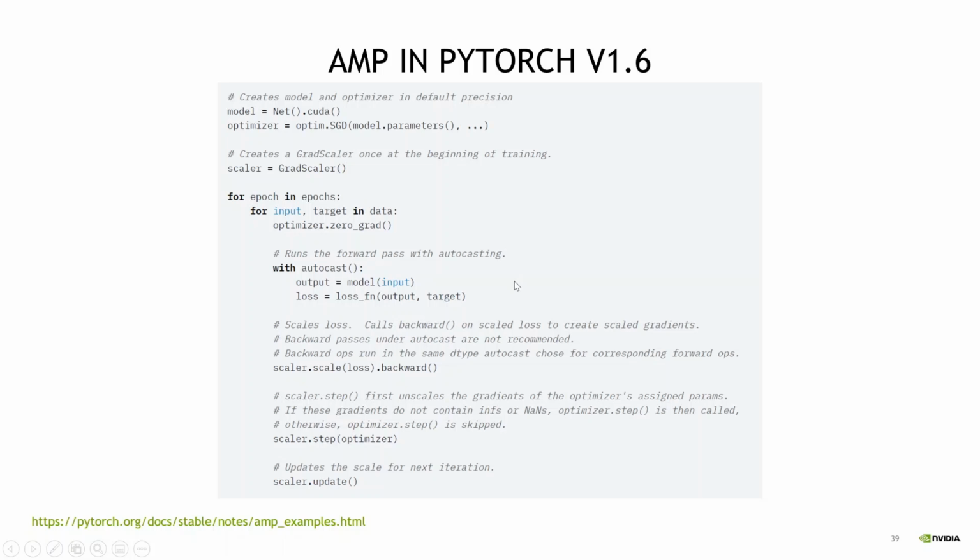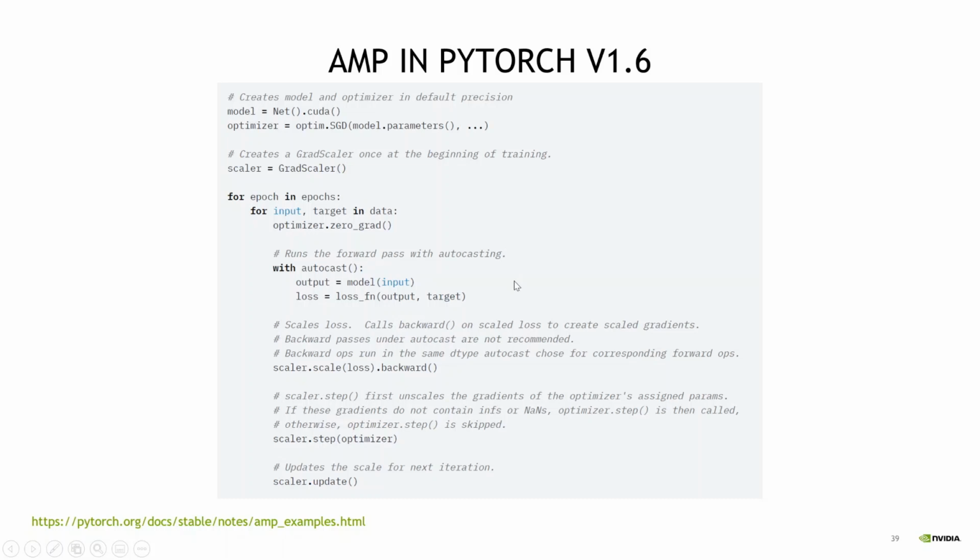Here's an example of a full AMP training pipeline in modern PyTorch. Firstly, we create the model and optimizer in full precision, usually FP32. We create a GradScaler once at the beginning of the training runs. After that, we start to train and run the forward pass with autocasting.